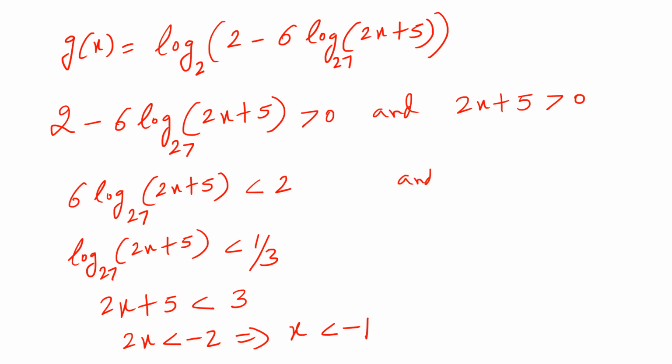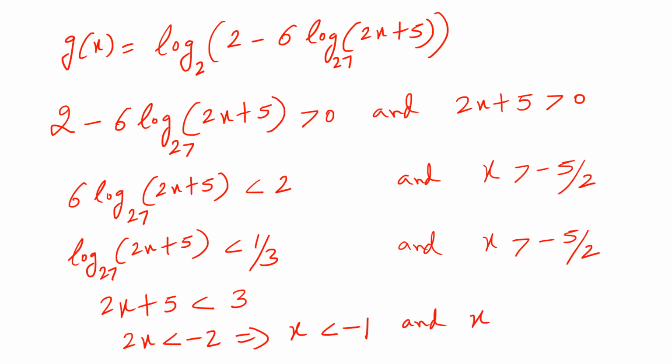Now students, from the other condition we get x greater than minus 5 upon 2. So if I find the intersection of both of these inequalities, then the domain of g of x becomes open interval minus 5 by 2 to minus 1. So that means gamma is equal to minus 5 by 2 and delta is equal to minus 1.